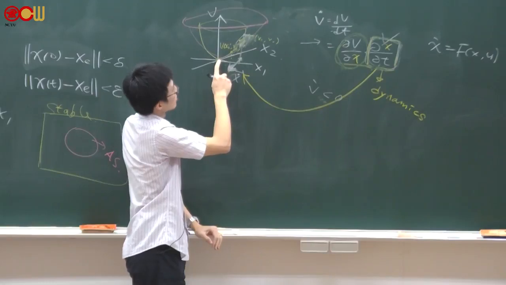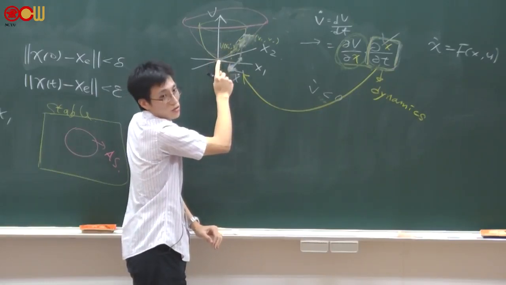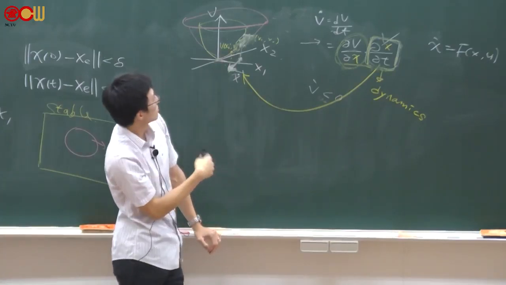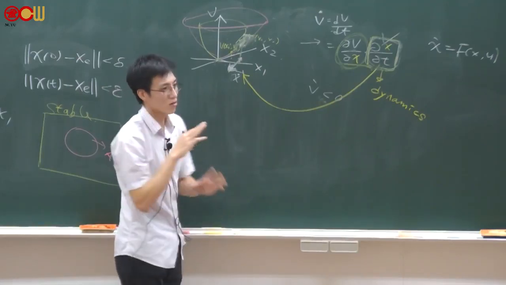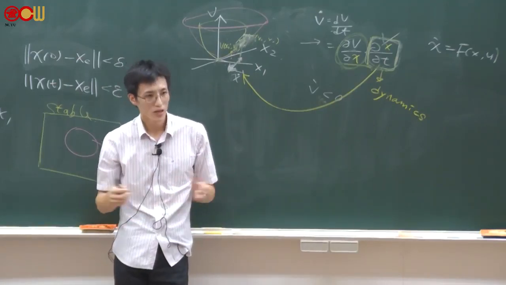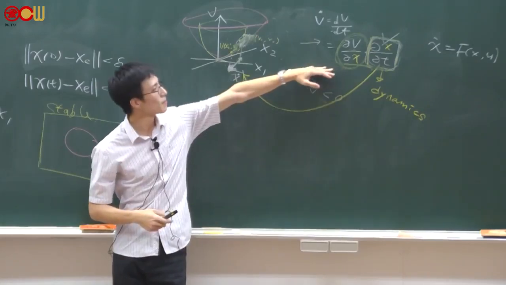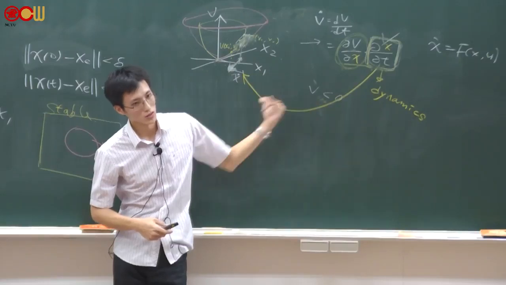The only location at 0 is the origin. Height is 0, and the only location is the origin. And you know this system is stable, right? Even though I don't know what the motion pattern of the dynamics is, I know the height is always decreasing. Eventually I'll get to sea level, which is the origin.